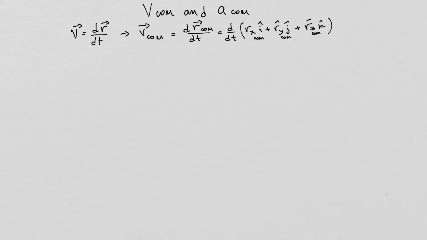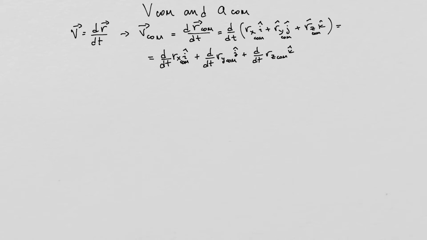And so then the derivative will be distributed across all the terms in the sum, and then this becomes d dt of r x COM i hat plus d dt of r y COM j hat plus d dt of r z COM k hat.